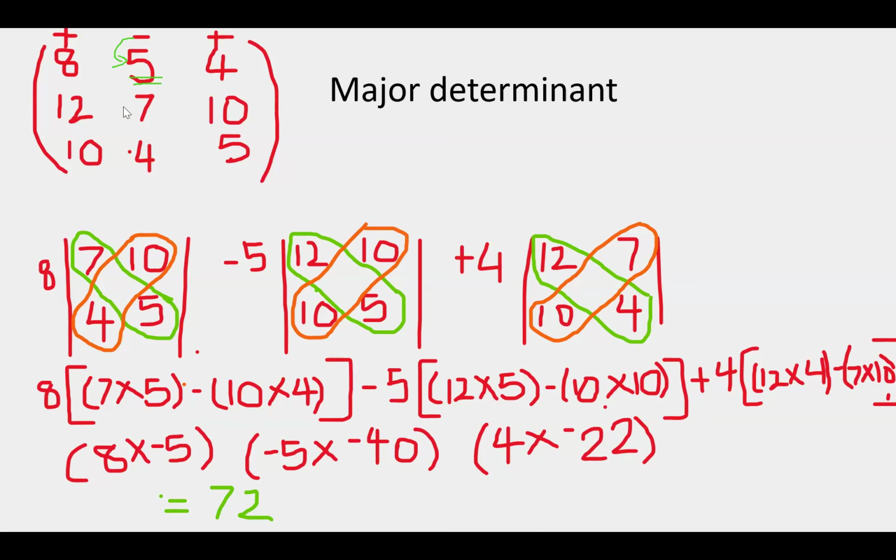So you're going to ignore this. You're also going to ignore the upper or the first row. So we'll have 12 and 10 and 10 and 5. So we'll take values besides the column. So 12 and 10, 10 and 5.